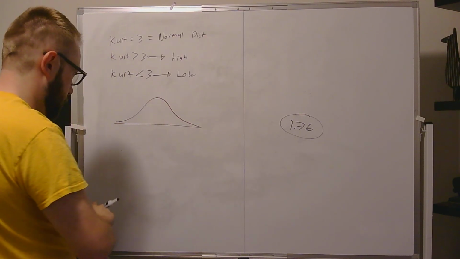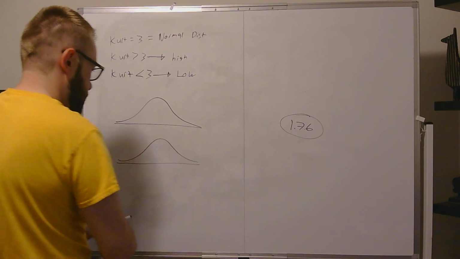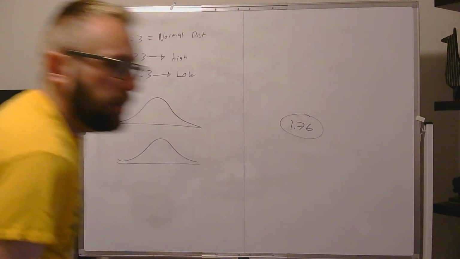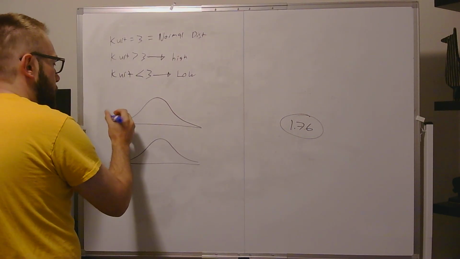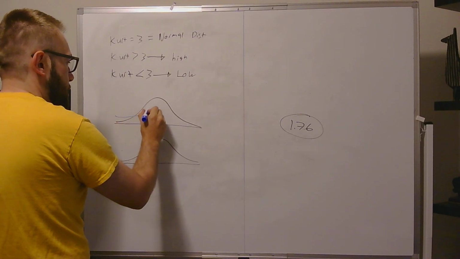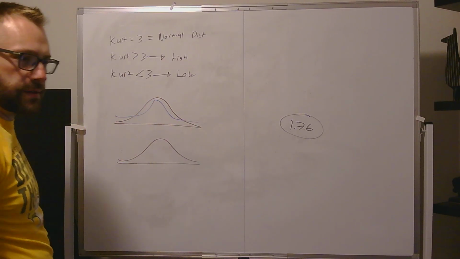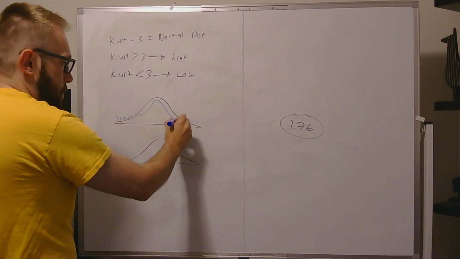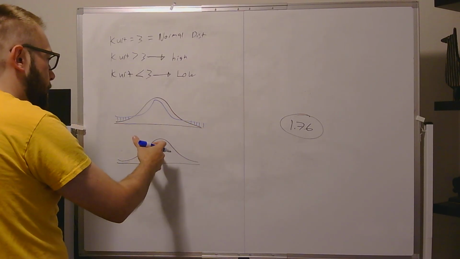Now what a high kurtosis looks like, suppose we have normal distribution, and I'm going to draw 2 of these out in black. Then in blue will represent our high kurtosis. It can look really one of two ways. And forgive me, my curves are kind of terrible, but it could be the case where the blue has fat tails, it's over the black on the tails.